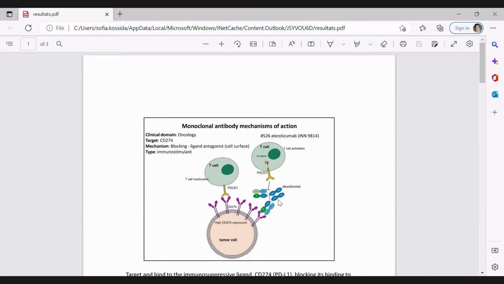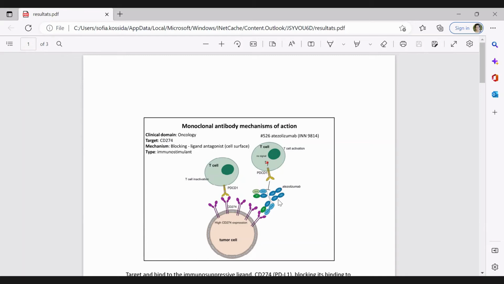And what is the request for you? The request is to study the mechanism of action of at least 2 different therapeutic monoclonal antibodies. You are supposed to go to the web pages of the pharmaceutical companies or the biotechnology companies that develop these monoclonal antibodies.